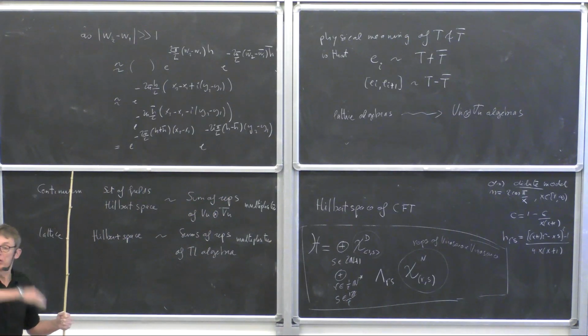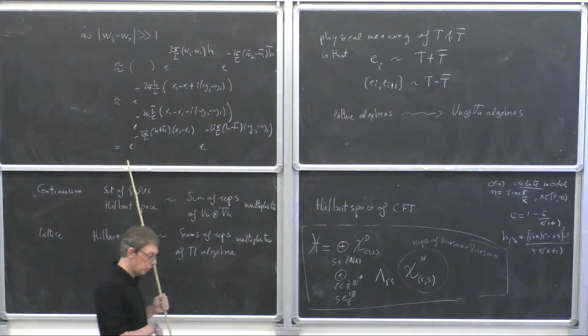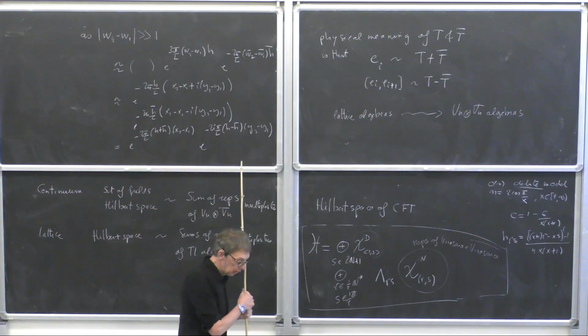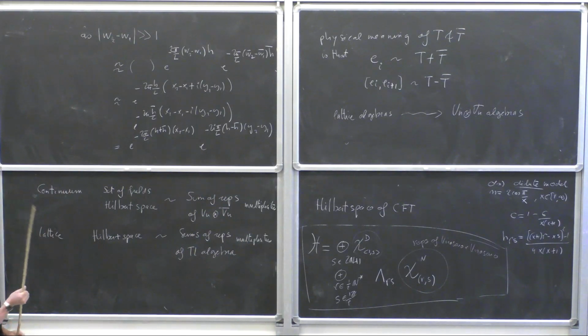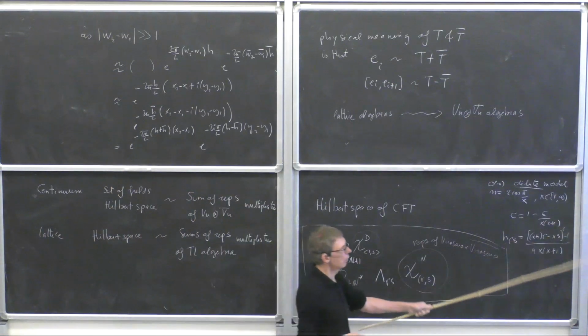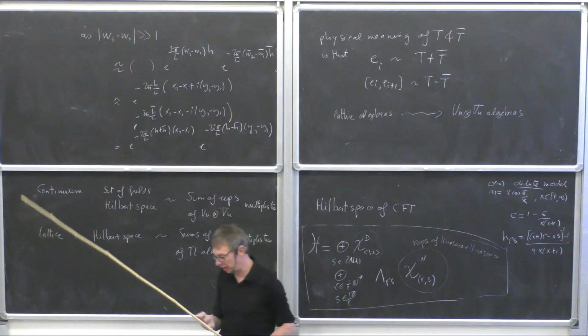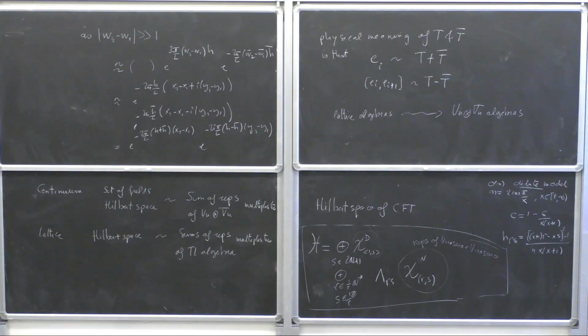There are generators connecting these representations. They're non-local. It's some sort of non-local symmetry, and this is something that's still being studied, but at least that's the answer to what I promised. This is the structure of the Hilbert space. There is a general formula for RNS, which is ugly, you don't want to see it.